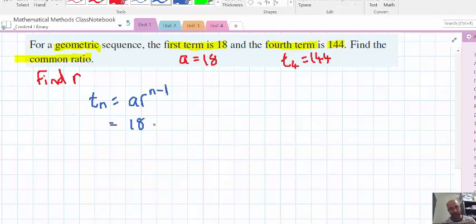So t sub n equals a r to the n minus 1, and we've got 18 r to the... let's have a look. We know that in this case we have 144 when n equals 4, so we can use that instance, and that would make the power 3 because that's 4 minus 1.